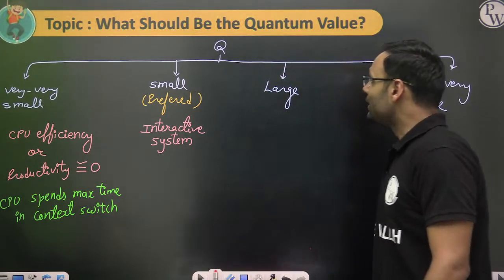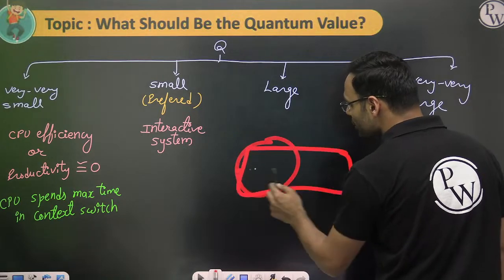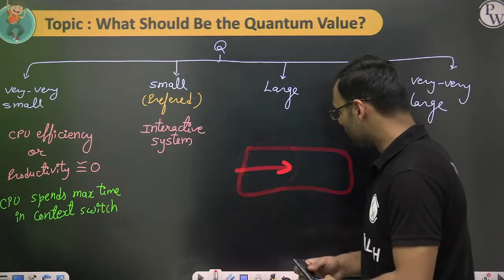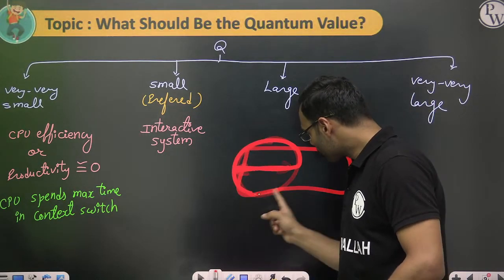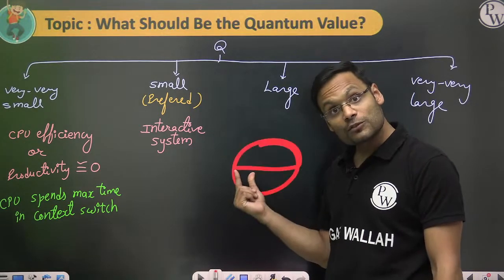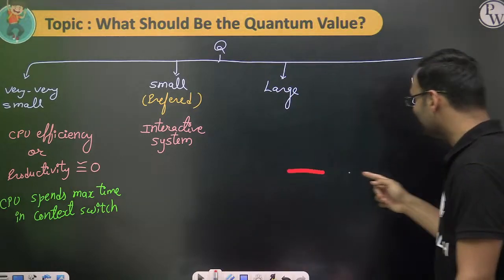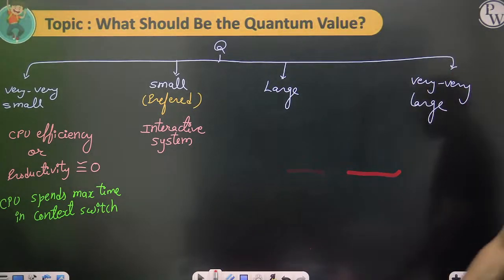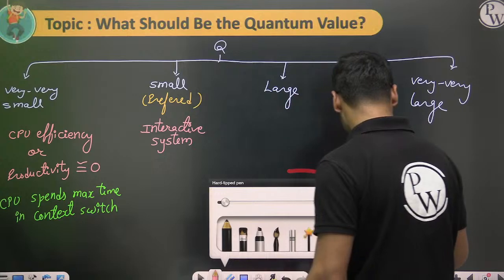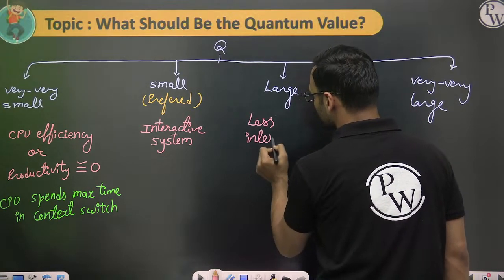If the quantum becomes larger, what happens? For a large duration, a process runs. So the CPU can get one process running for a little larger time. The user will get a response for that process for a longer time. For other processes, the response will be a little delayed. So the system will become a little less interactive.